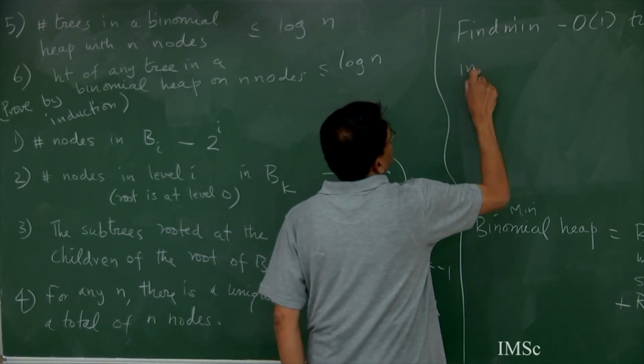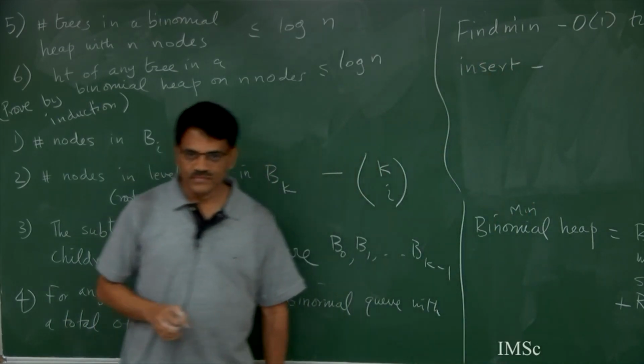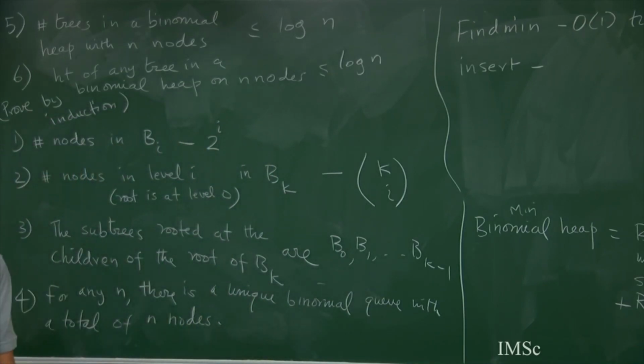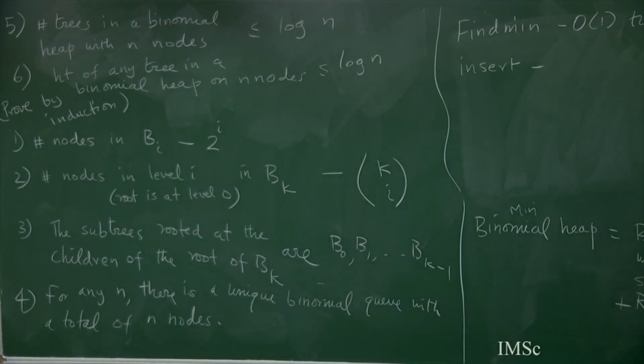How much time will it take to insert an element? How would you insert? Let's assume there can be duplicates. Well, what if I just go into one of the B_i's and insert it like I would in a binary heap?